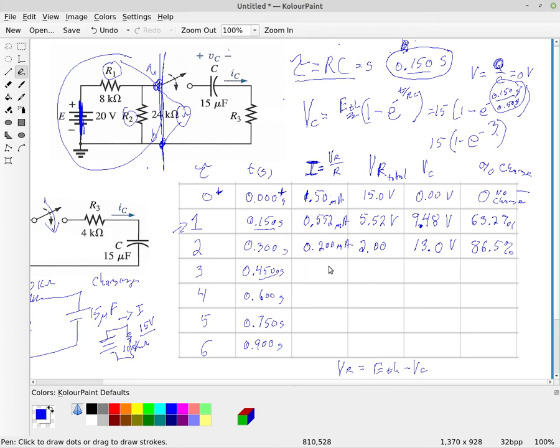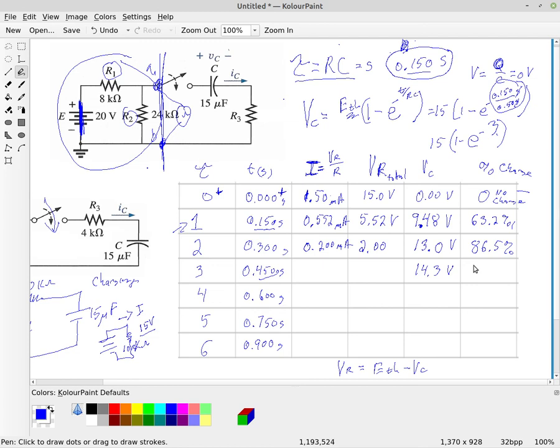And so that's going to give our voltage across the capacitor of 14.25 volts. So we would basically say about 14.3 volts.